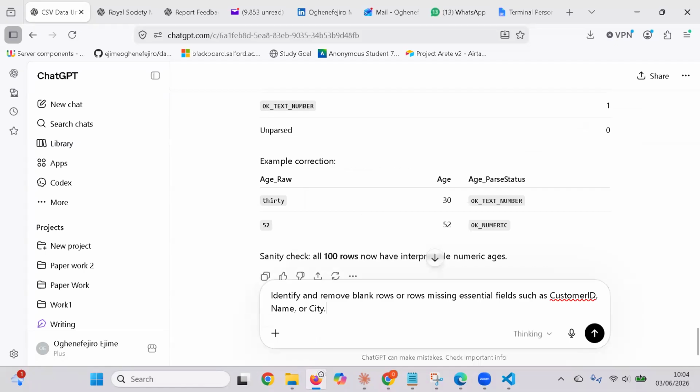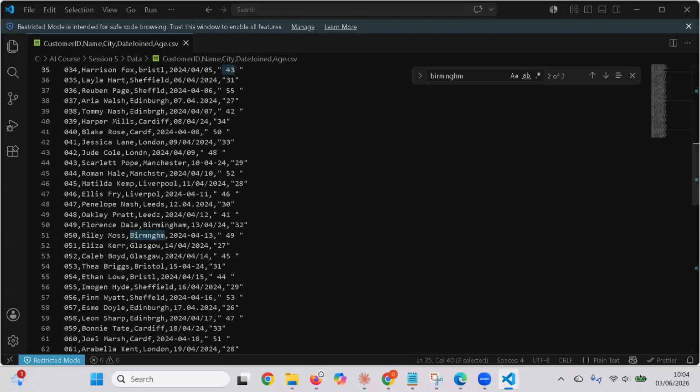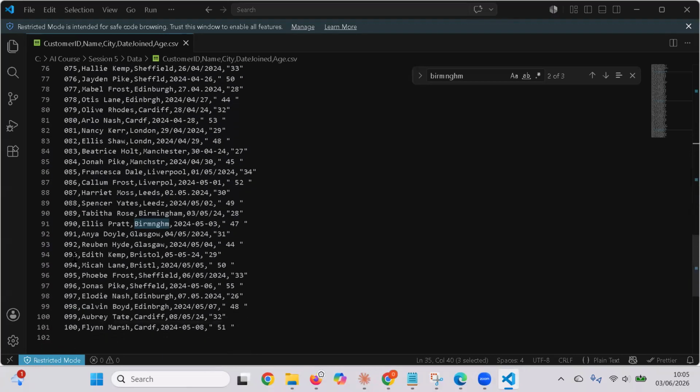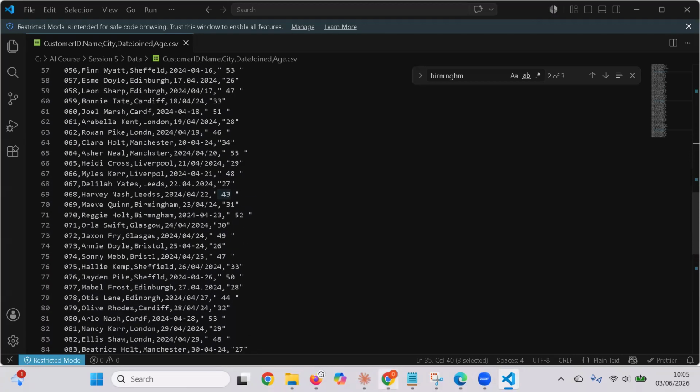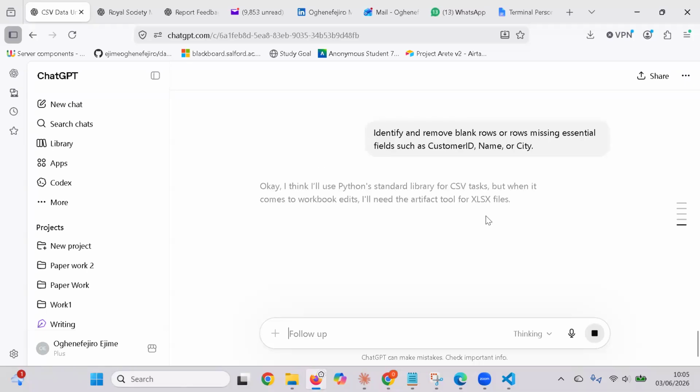Again, now we want to identify blank rows which have missing fields such as customer ID, name, and city. We want to check on this sheet, do we have any row that has a missing customer ID or name or something. It will check through. If we have any, we want to remove it, because we don't want to actually form an ID for someone or a name.